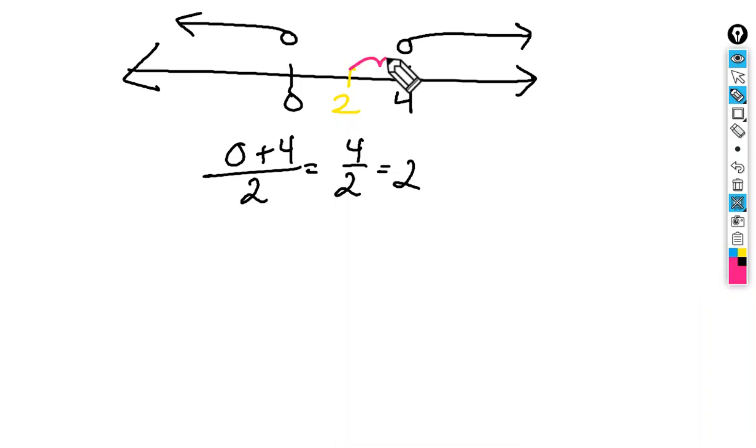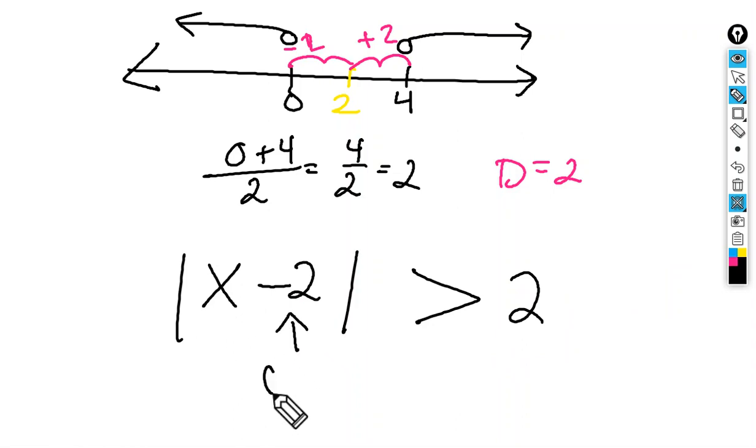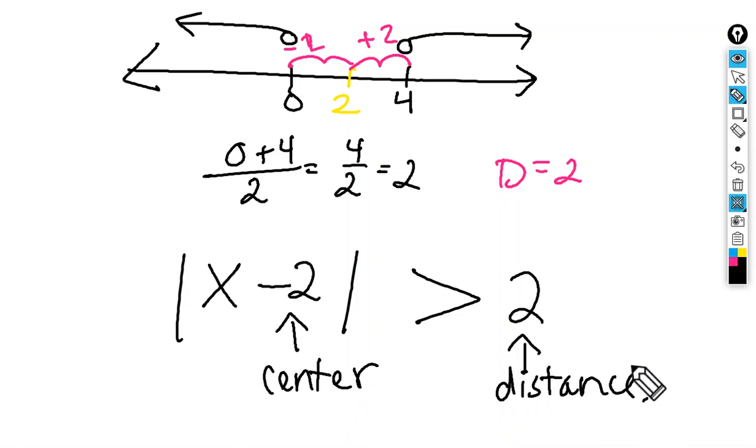So now I go ahead and I look, I'm like, okay, so 2 happens to be my distance, okay? So the distance is 2, because I can tell by looking. So now I turn this into an inequality. Okay, it has to be greater than, because I have 2 oars for my boat, greater. The distances are going away from the center. So the distance from the center is more than 2. Okay, keep in mind, this is the center. This is the distance. Okay, so I'm going to do one more.